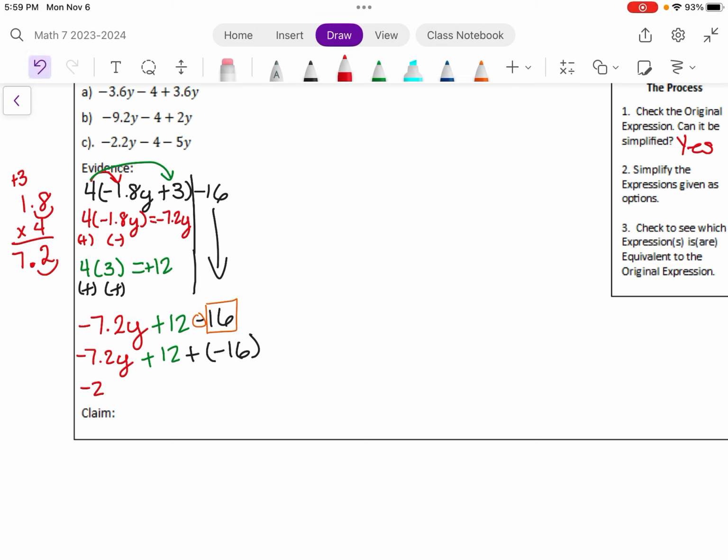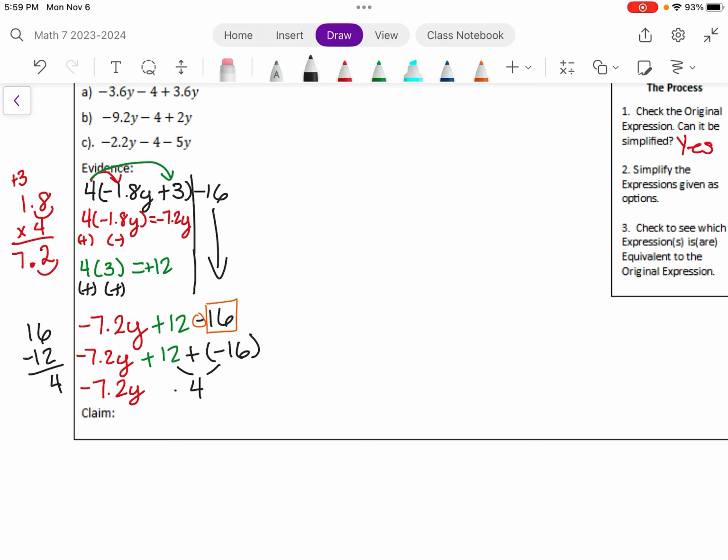My negative 7.2y stays the same. And now I'm going to combine 12 plus negative 16. I have a positive and a negative, which tells me I'm going to subtract. So 16 minus 12. 6 minus 2 is 4. 1 minus 1 is 0. So I have a 4. And which one's bigger?